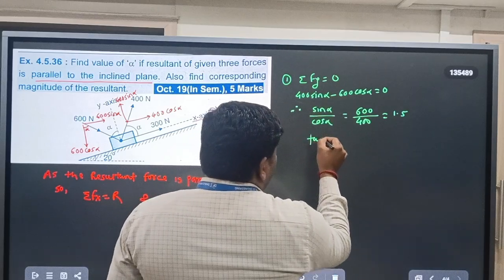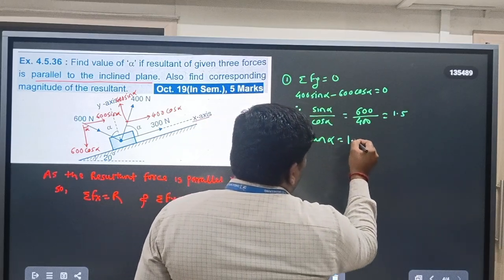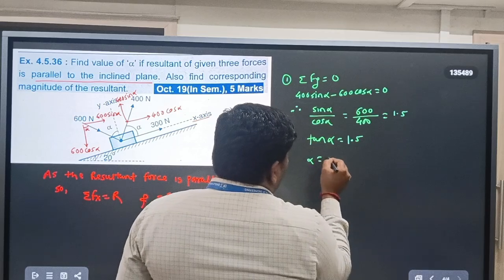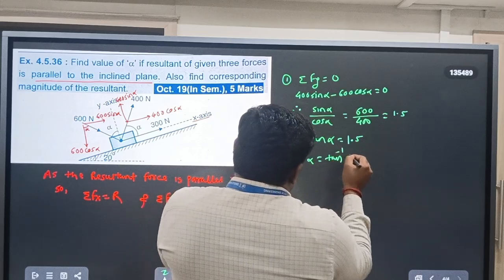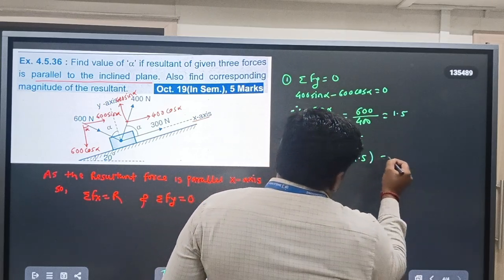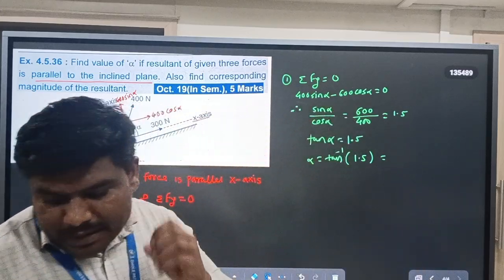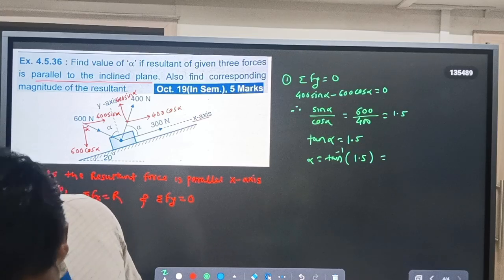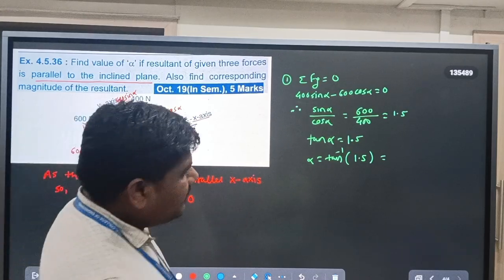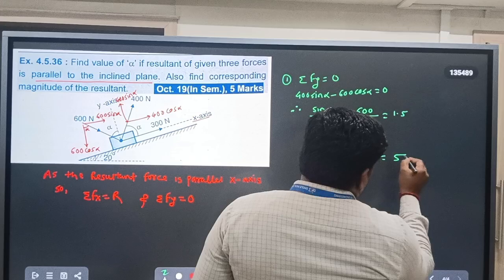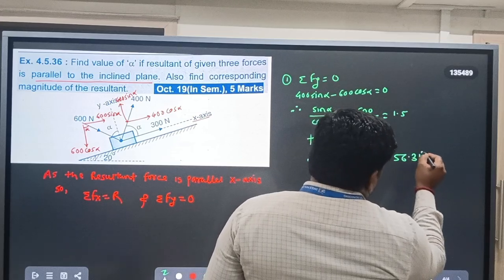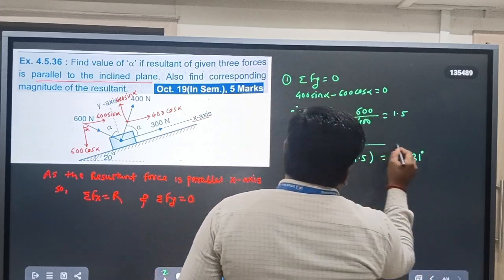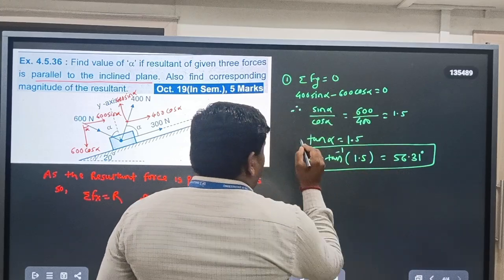So we can say tan alpha is equal to 1.5, and alpha is equal to tan inverse of 1.5. On the calculator, the angle of tan alpha is 56.31 degrees. So your alpha is 56.31 degrees.